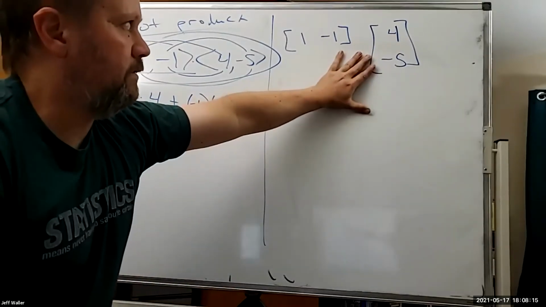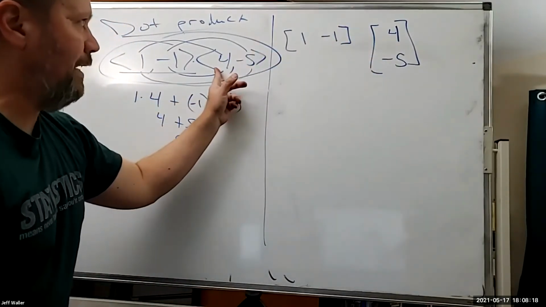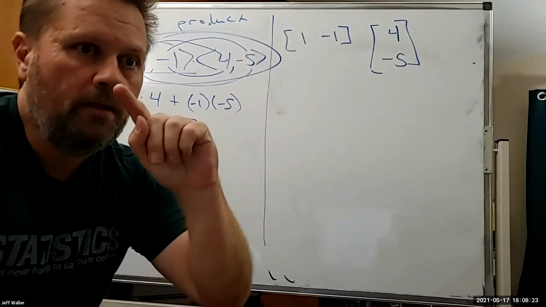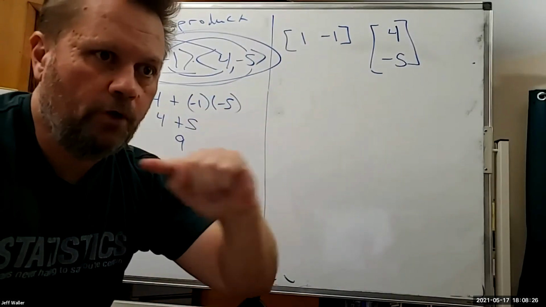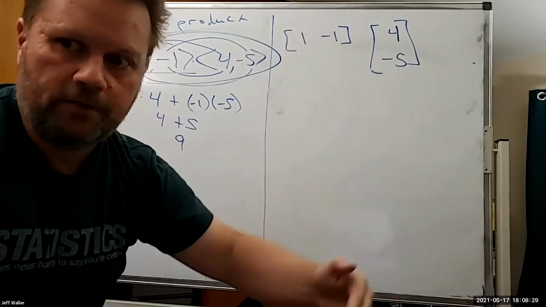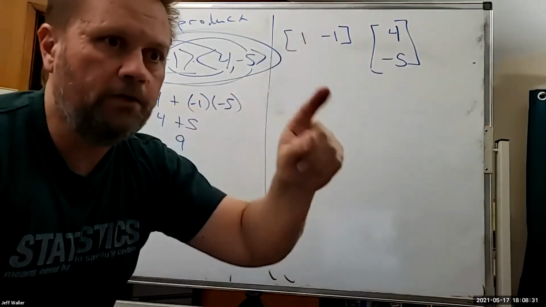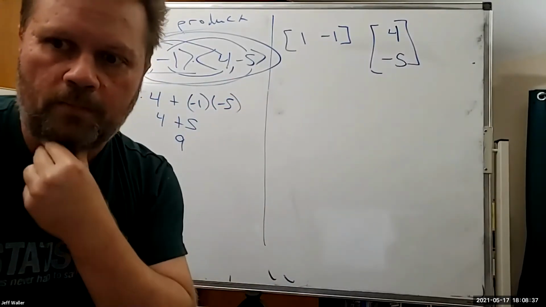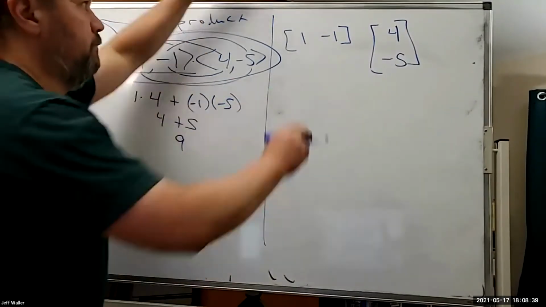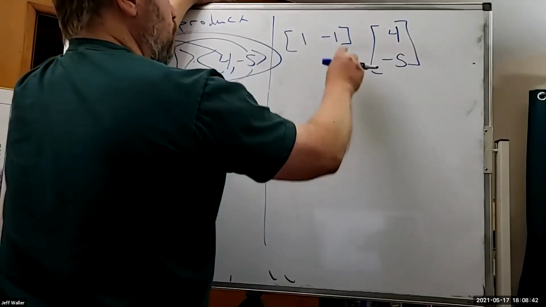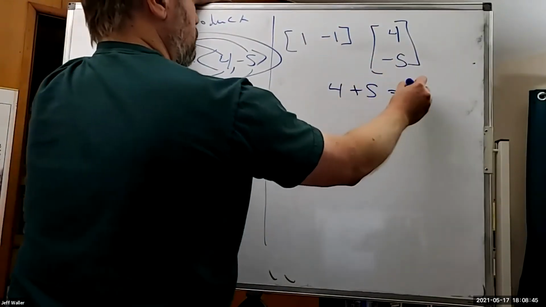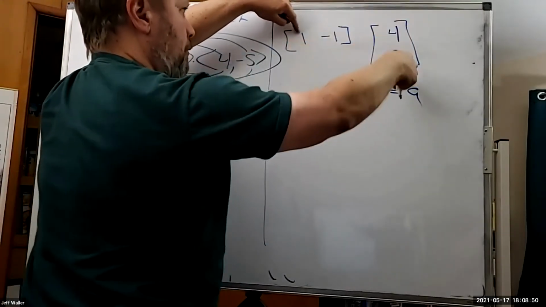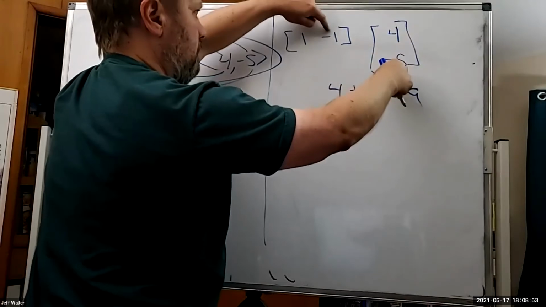So this is what this looks like in matrix notation. And remember, a matrix could have row vectors, or it could have column vectors. So we decided what's written here, we assume it's row vectors. What's written next, we assume it's column vectors. And then I just do a dot product. Wouldn't this be 4 plus 5? So I go this way, that way. So I go this times this, plus this times this.